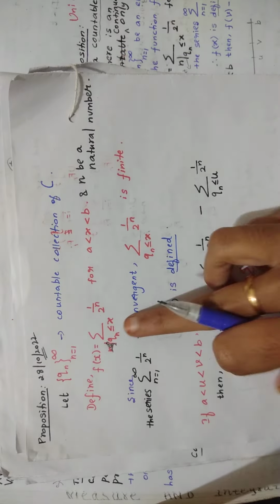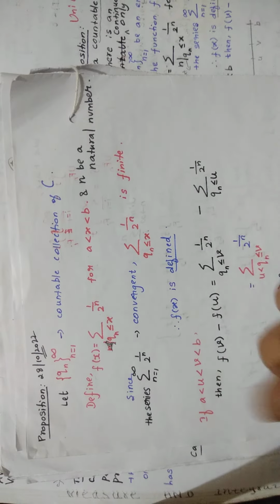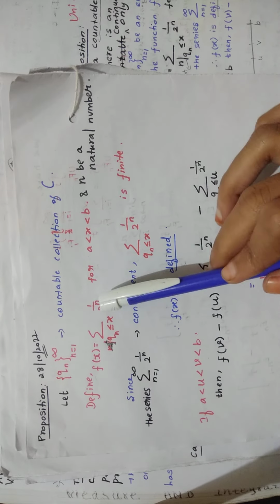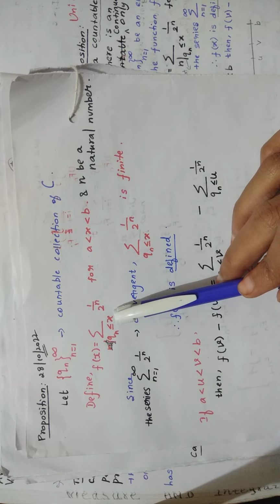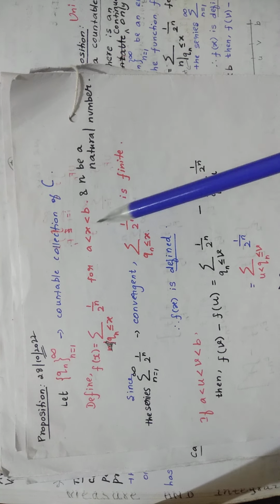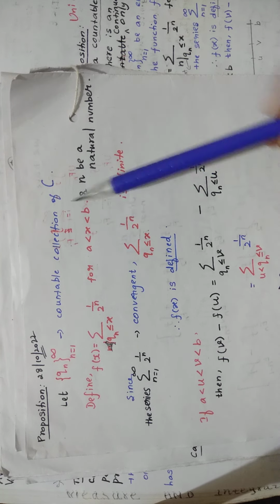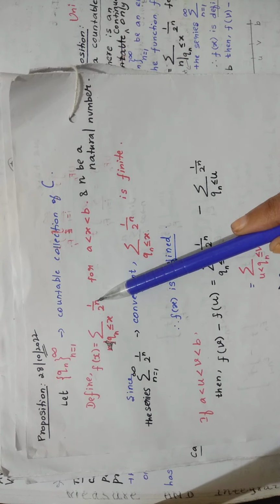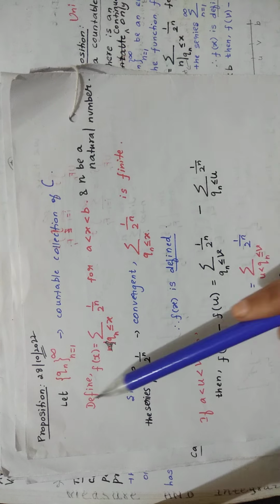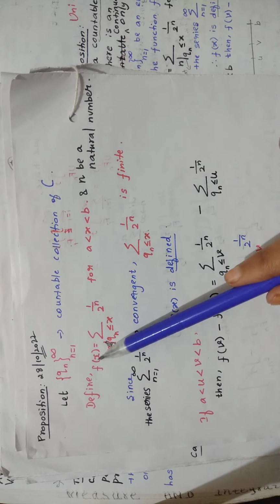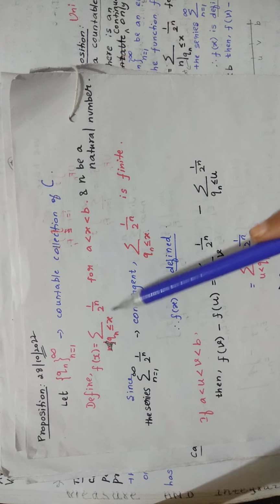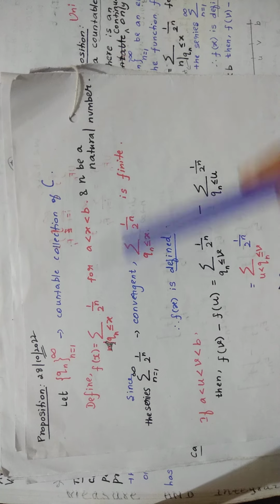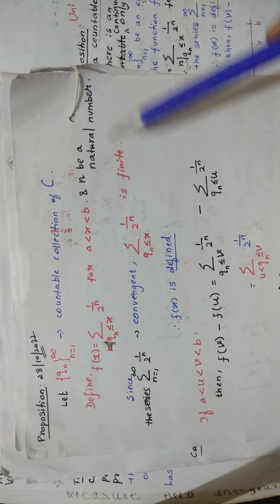It is enough to write like this: f of x equal to summation over Qn less than or equal to x of 1 by 2 power n, where x lies between a and b, the open interval (a, b), and n is a natural number. Here you are using n, and this n is a natural number. This is how you are defining the function.